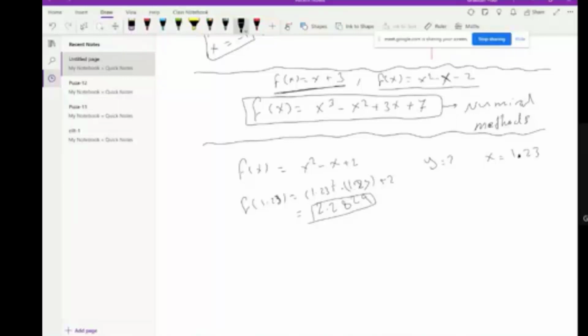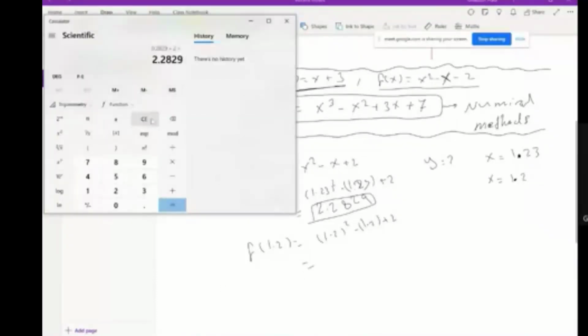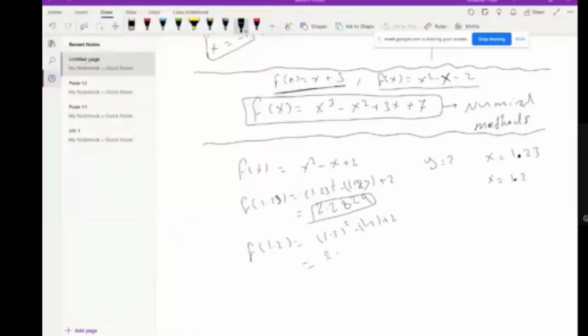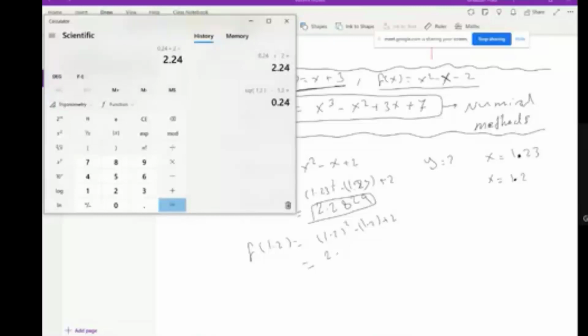Now, if we change this number, if I take an approximate number, 1.2, then f of 1.2 is 1.2 squared minus 1.2 plus 2. We calculate it again: it equals 2.24.